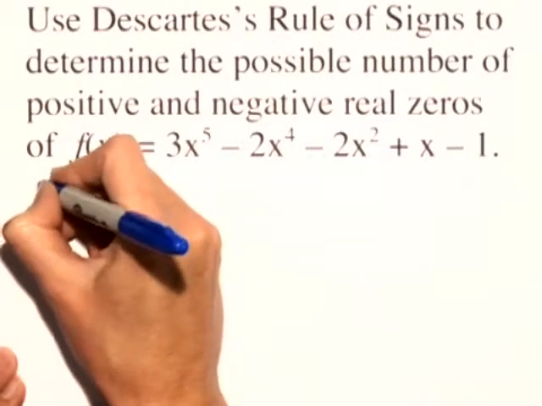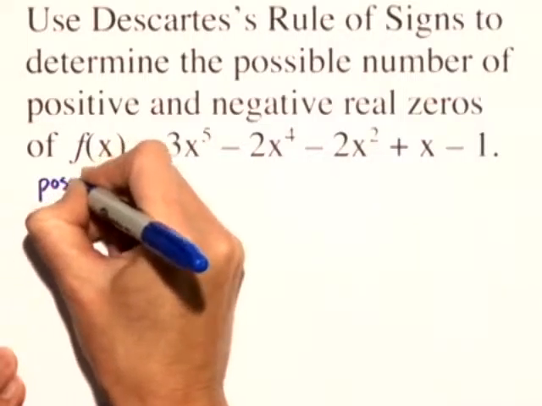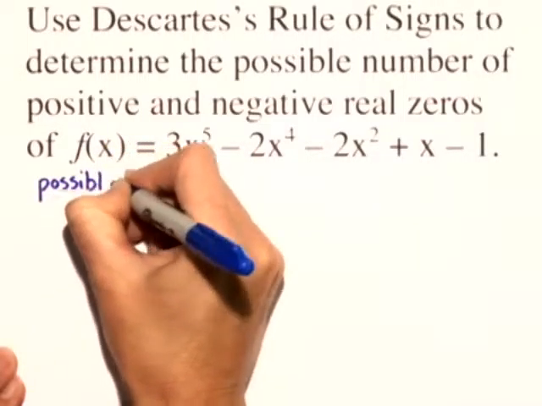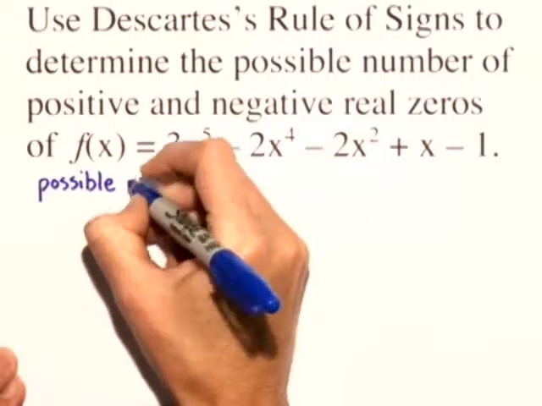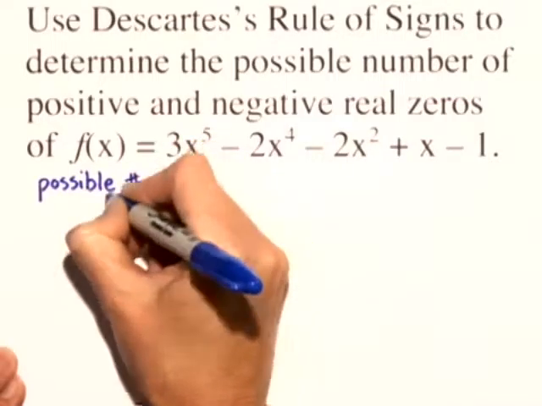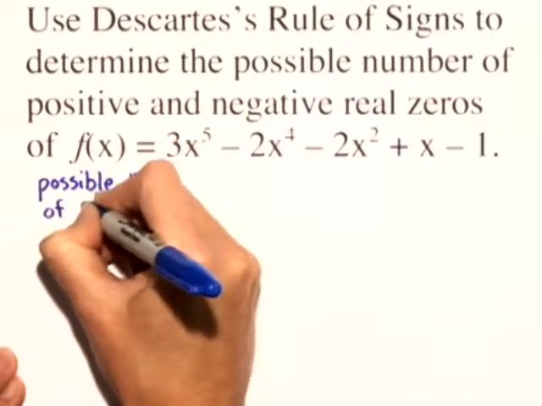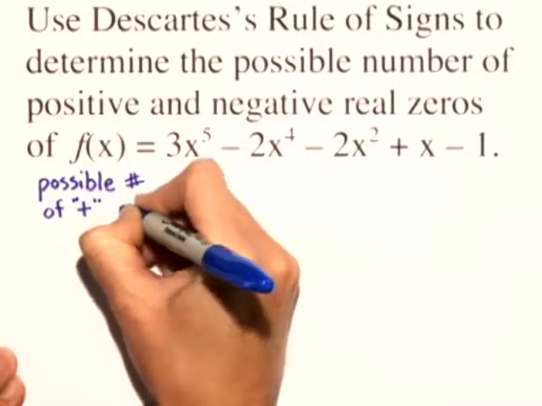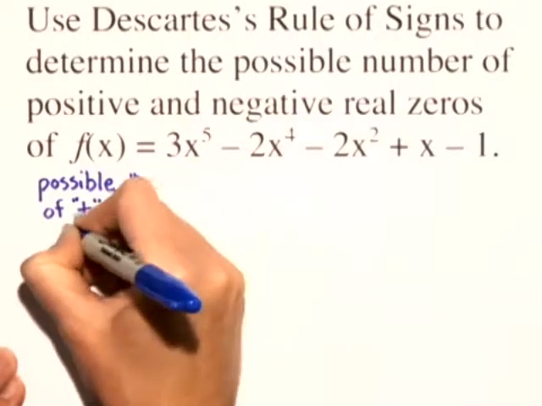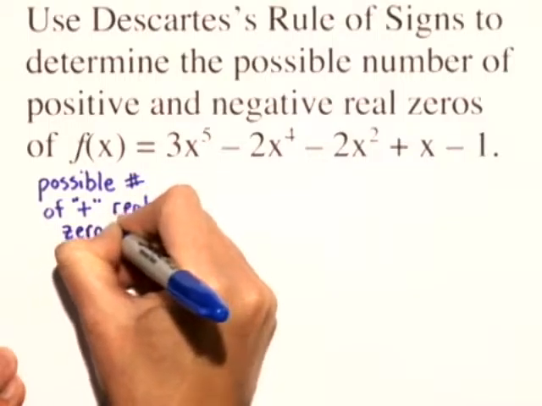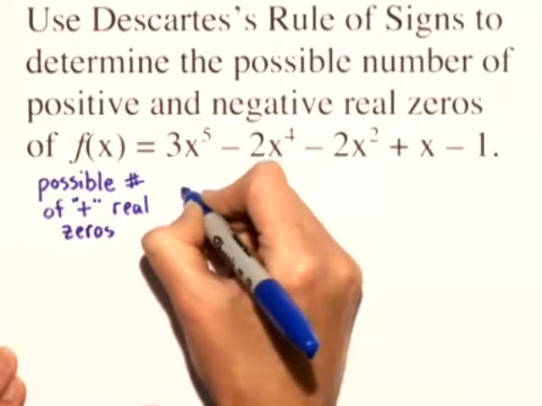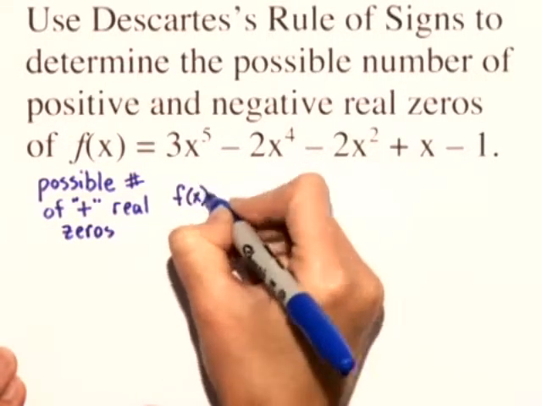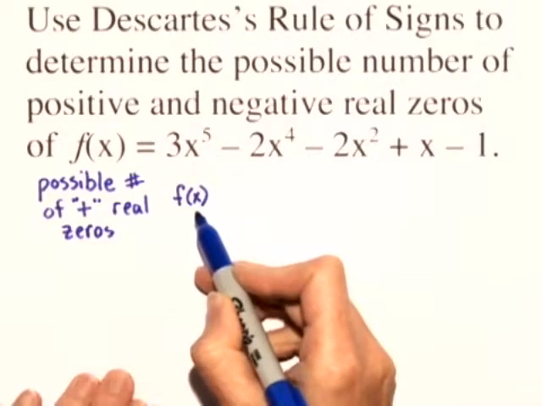So, for the possible number of positive real zeros, we just look at our function f of x, and we look at how many sign changes we have.